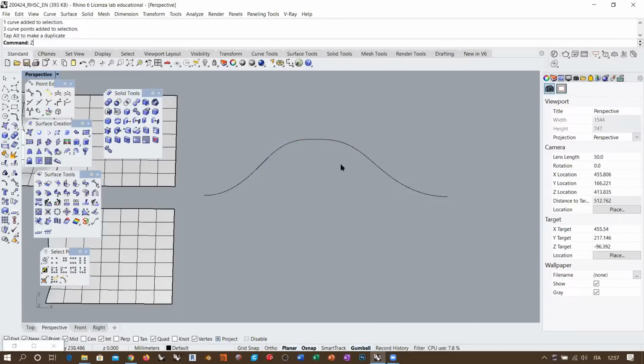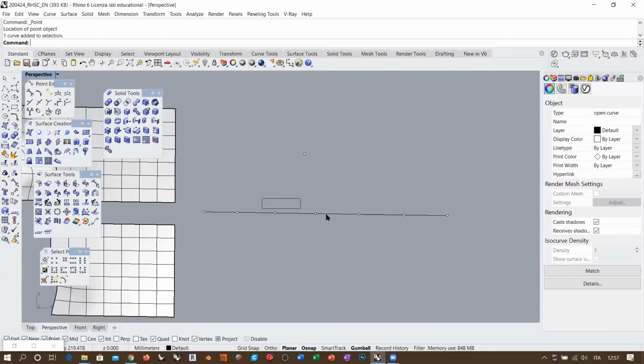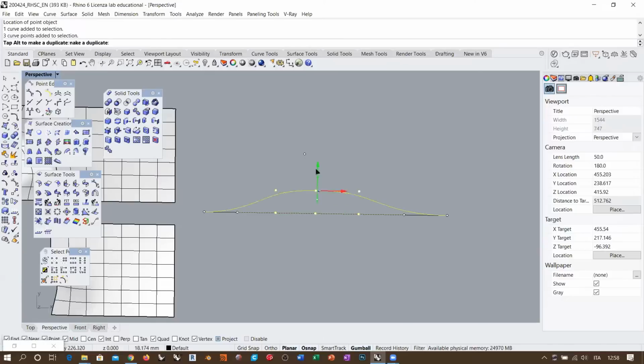So if I have this line prepared with the right topology, and I want this line to reach, for example, this height, I can simply take these 3 points, and move them until they have exactly the same height of the point that I want, right?